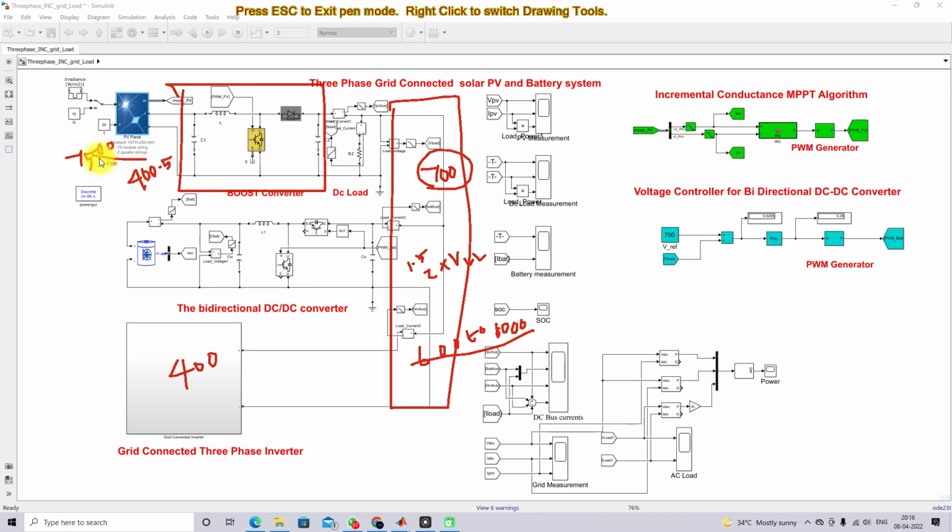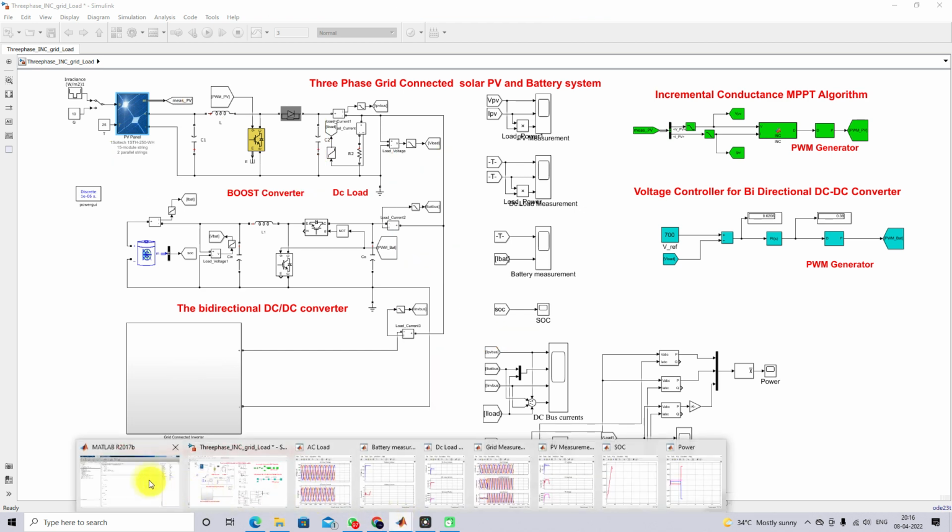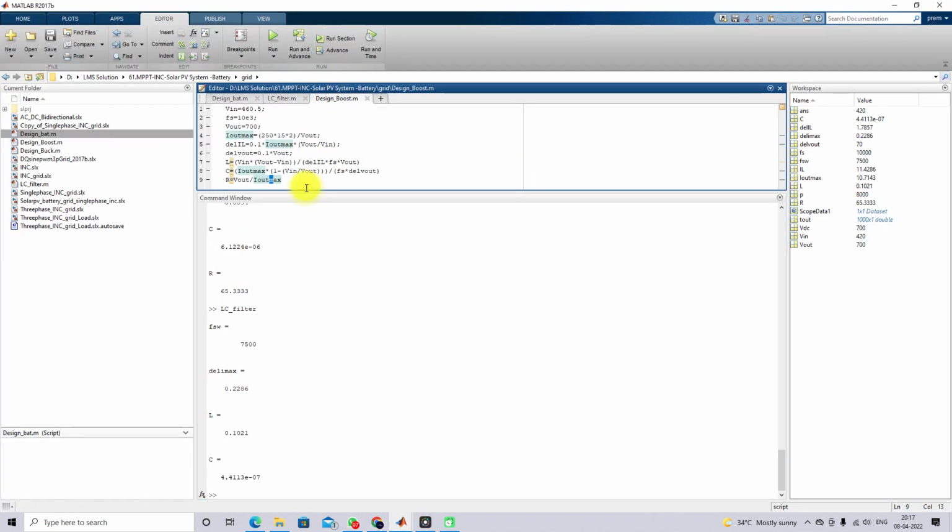So based upon the power rating of PV and the voltage of the solar PV, and the output voltage of the DC bus, that means DC bus voltage 700, you have to design the values of L and C. In order to design the L and C values, we have the equation.